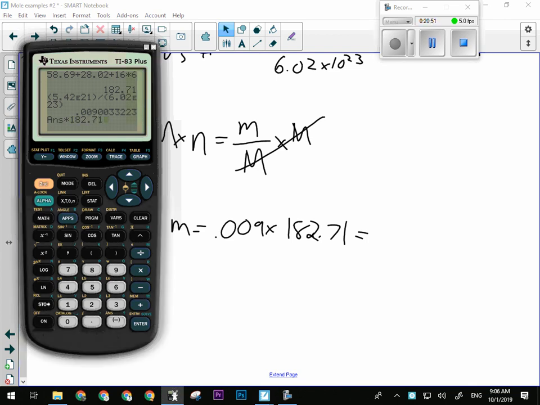Okay, and again, I've kept all of my decimals here. It's important for us to remember that. Okay, I'm keeping them all. All right, so I have 1.64 grams of this stuff. Not very much.